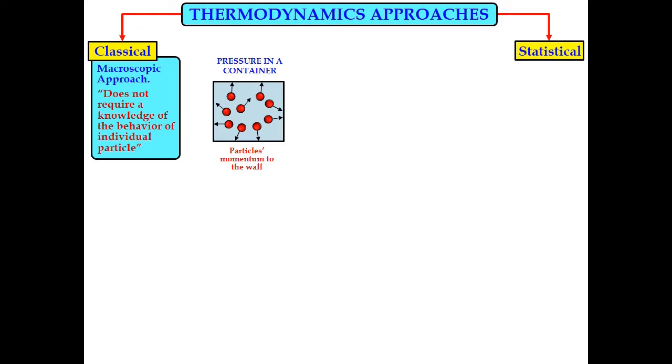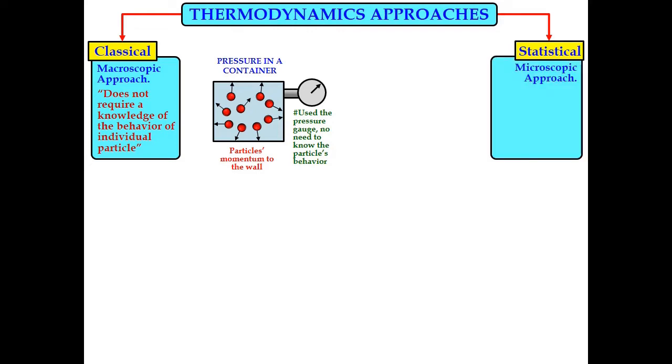However, for the macroscopic approach, we will not go into detail about the behavior of the individual particles in order to determine the pressure. What we will do, we just put a pressure sensor or pressure gauge on the container. By using the device, we will have the pressure. So we just use the pressure gauge to measure the pressure, and there is no need to know the particle behavior. So this is the macroscopic approach.